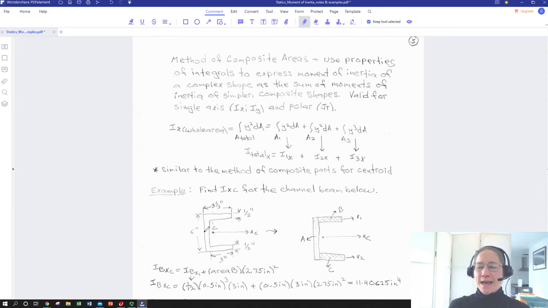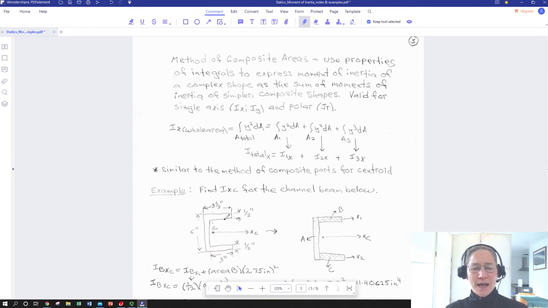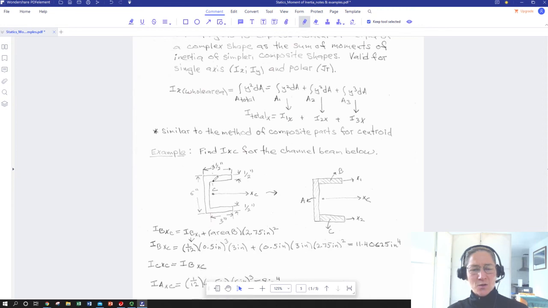So we have an analogous relationship for moment of inertia, where if we look at an entire area, for instance, this complicated shape, and want to know its moment of inertia around point C, we can use the fact that this shape is the sum of all of these areas, each of which will have its own relationship of distance to point C.